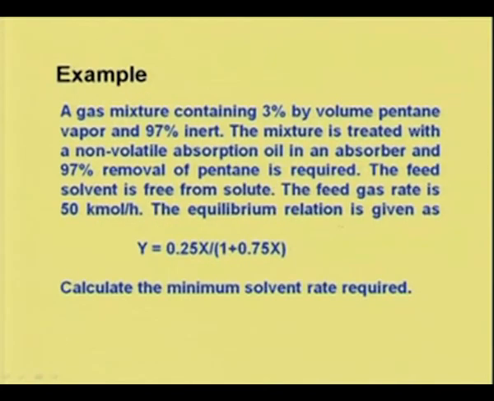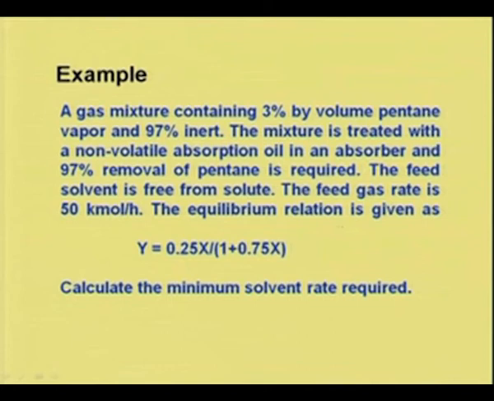Now, let us take a very simple example. A gas mixture containing 3% by volume pentane vapor and 97% inert is treated with a non-volatile absorption oil in an absorber, and 97% removal of the pentane is required. The feed solvent is free from solute. The feed gas rate is 50 kmol per hour.